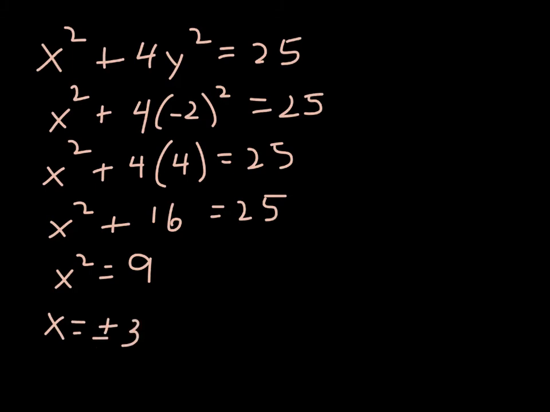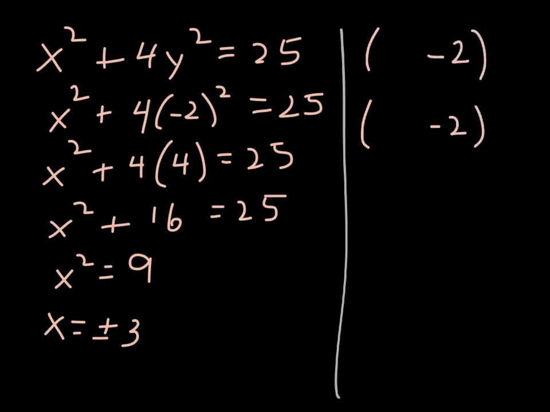The only thing that's different is that you and I plugged in, let me see if I could separate this really quickly, there, okay, you and I plugged in this time around negative 2, didn't we? And when we plugged in negative 2, one x value was 3, the other one was negative 3. So we're done.